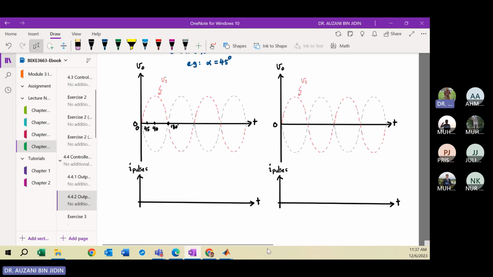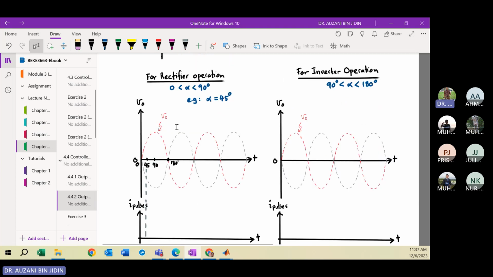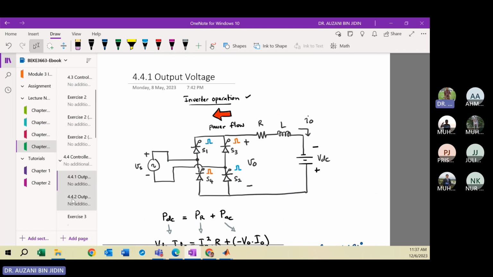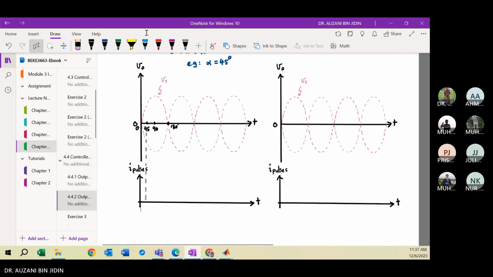So you have to inject the current pulse to this point. Here, the blue color is for S1 and S2.